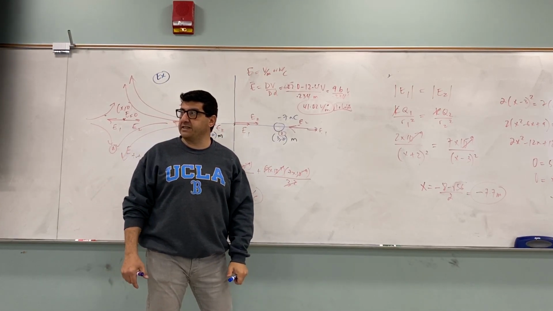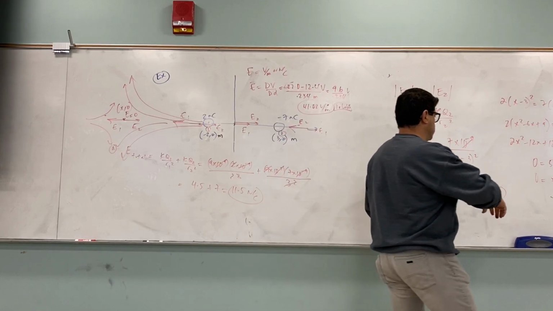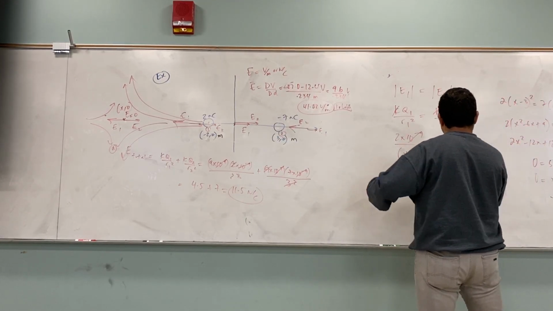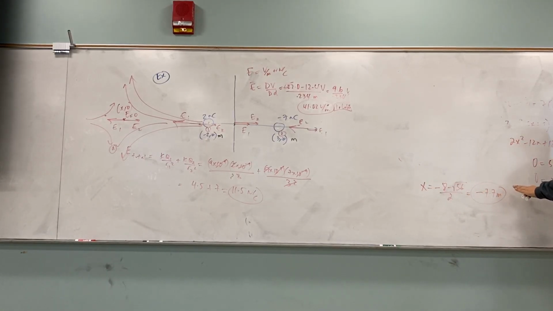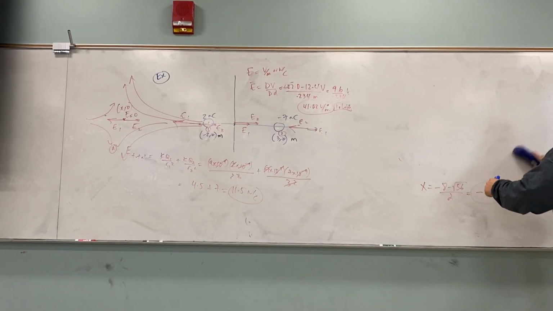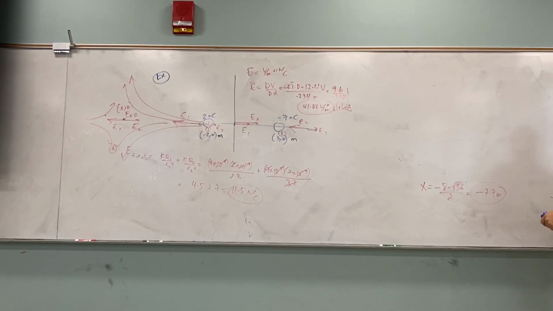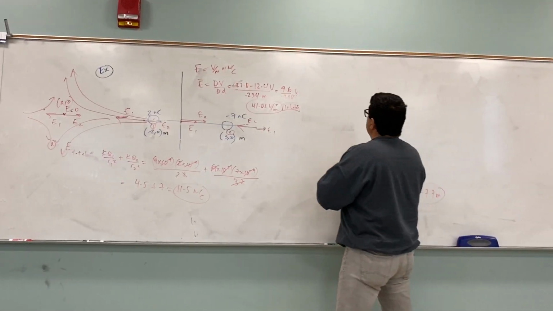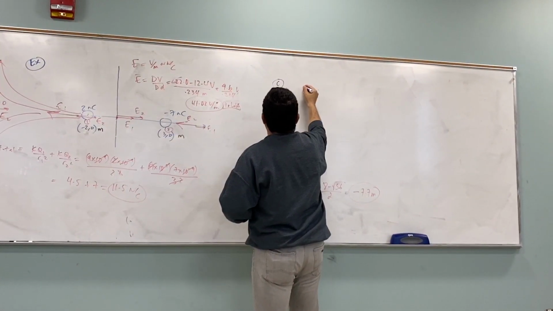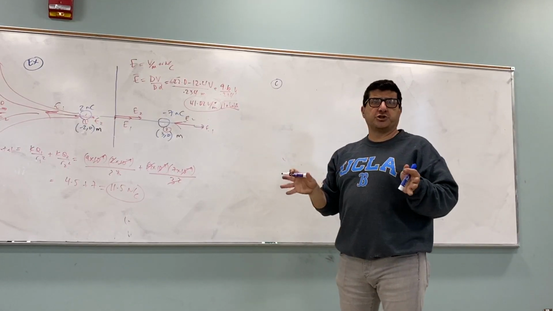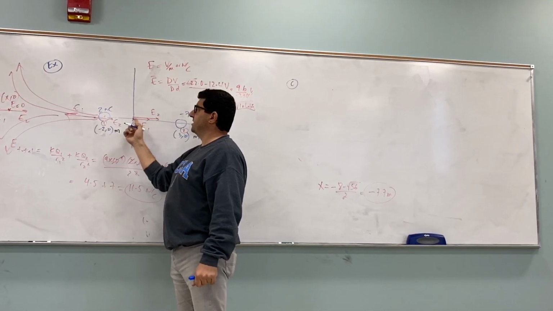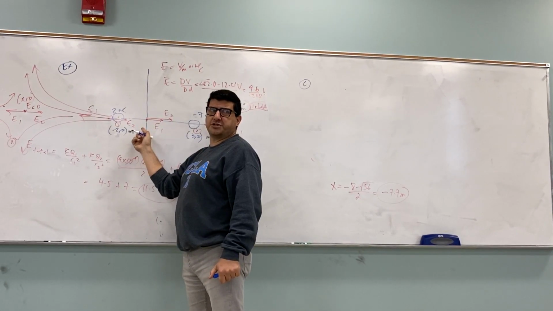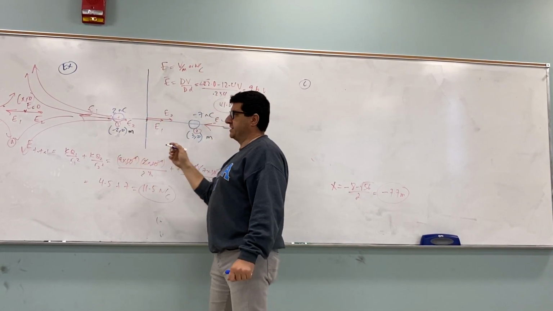So how would we find that point? So we're done with that one, right? The negative 7.7 is where the electric field is 0. So could we come up with a general equation for the electric field in between the 2 charges, and then take the derivative, set it equal to 0 to minimize it, right?